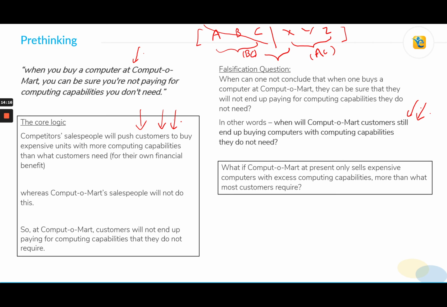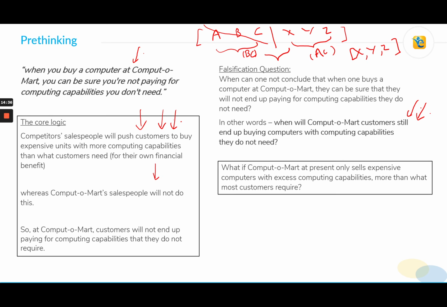What if this particular company, that's Comput-o-mart, sells only X, Y and Z? In such a situation, does this premise even matter? Does it not become irrelevant, irrespective of whether Comput-o-mart salespeople will be pushing expensive products like XYZ or not?